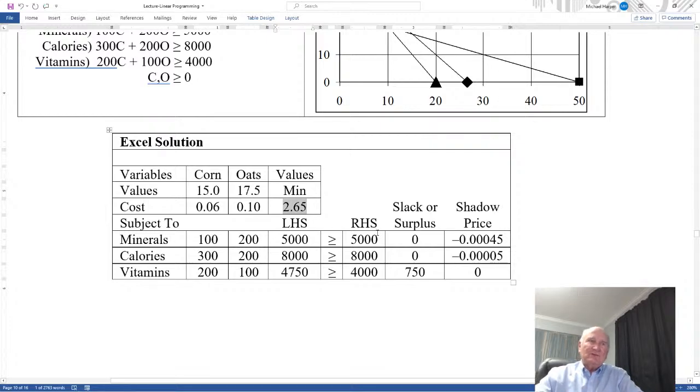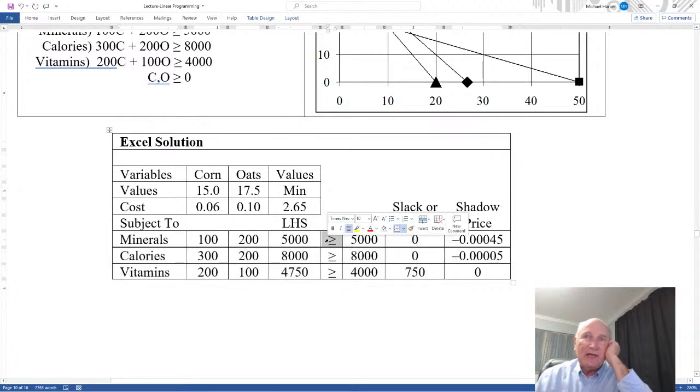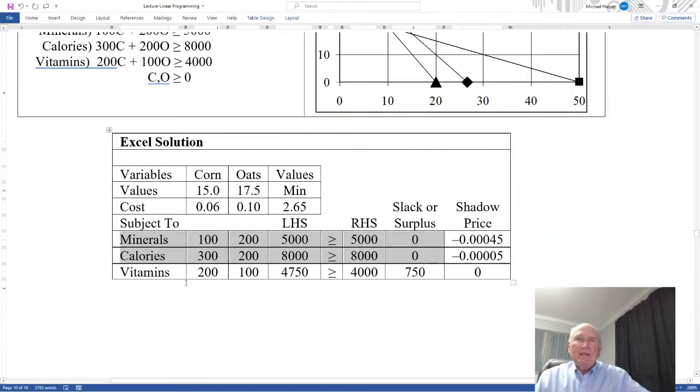So you have responsible management. Well, if you multiply this through down here, minerals and calories and vitamins, and notice this is greater than, right? So therefore these are surplus. Well, minerals and calories are binding. Vitamins have a surplus.